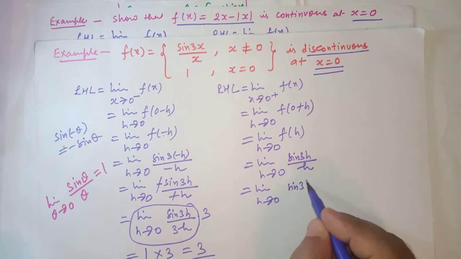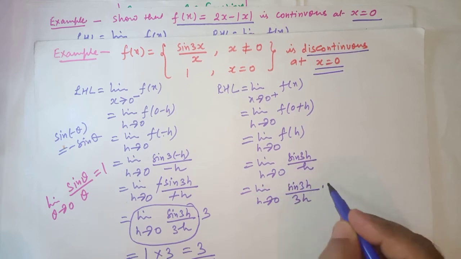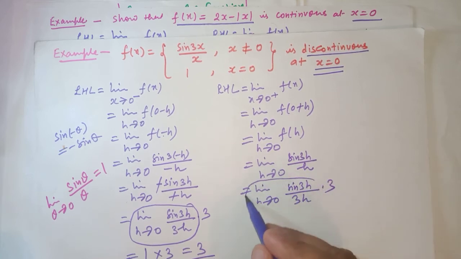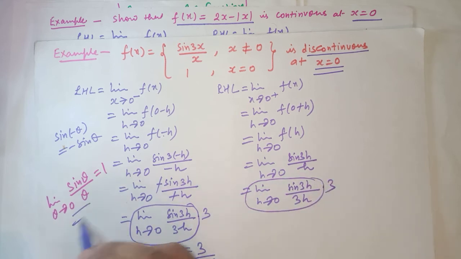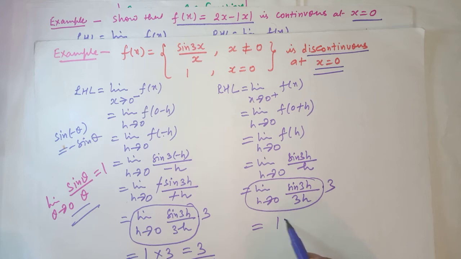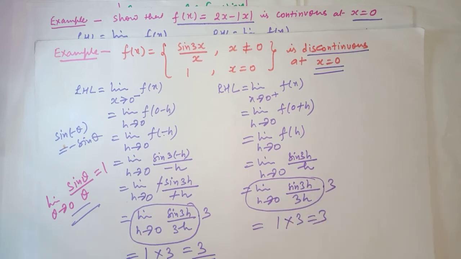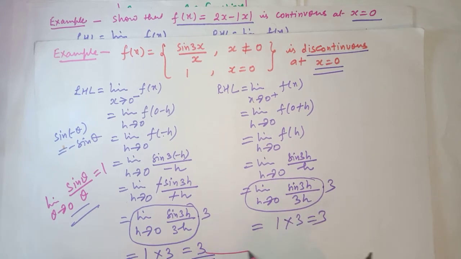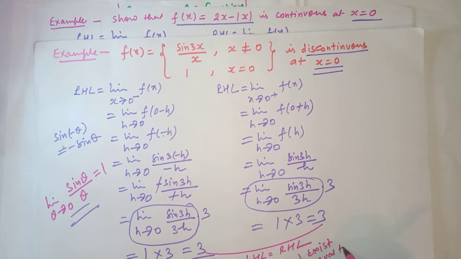So sine 3h over 3h multiplied by 3. Now this term becomes 1 by this formula. So we have 1 multiplied by 3 is equal to 3. So we see that this is 3 and this is 3. So left hand limit is equal to right hand limit. Therefore the limit x tends to 0 of f of x exists and is equal to 3.